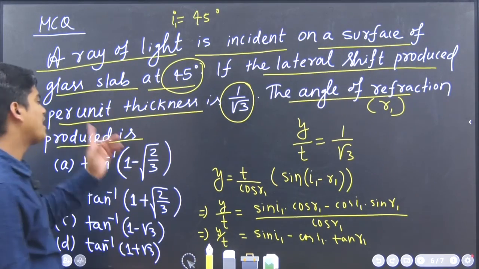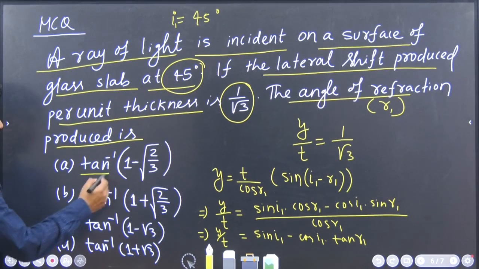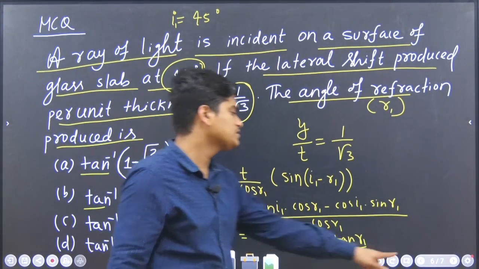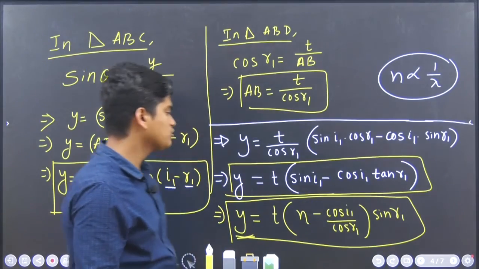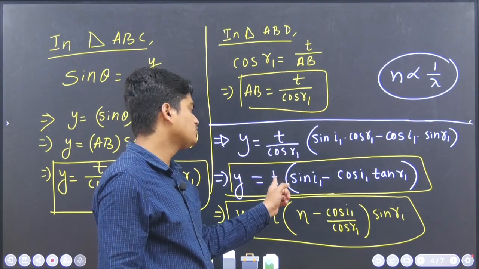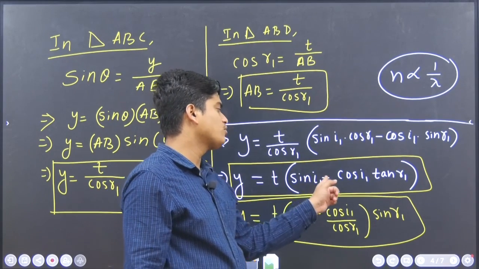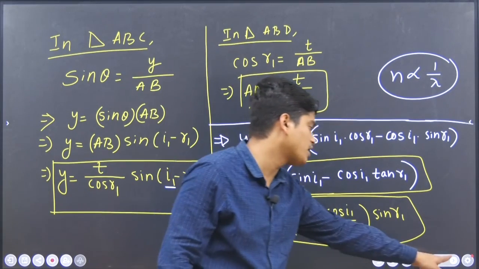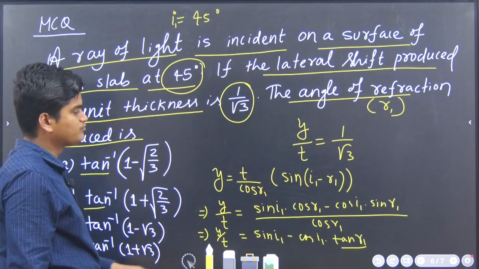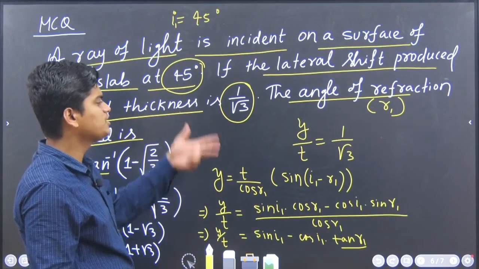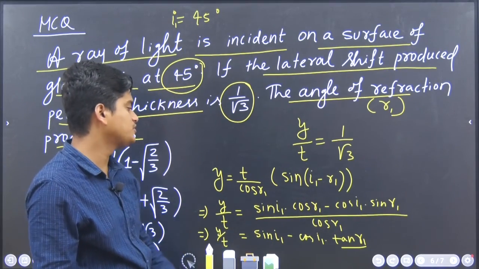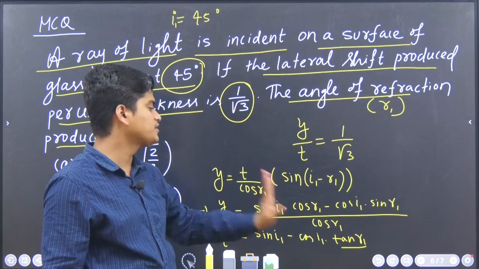So this is your y by t, and this y by t is what they have given as 1 by root 3. You see the options are all in tan, so you have to find this. Otherwise, directly you can put this formula: y equals t times sin I1 minus cos I1 tan r1, so you can substitute and get y by t. Now y by t equals 1 by root 3. I1 is given as 45 degrees, so substitute; cos I1 is also at 45 degrees.